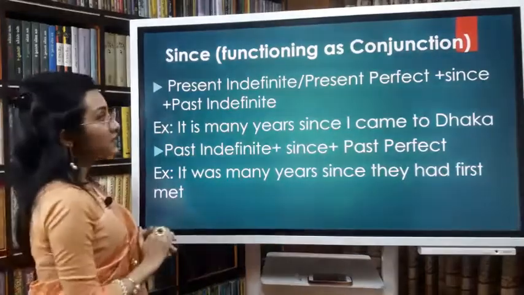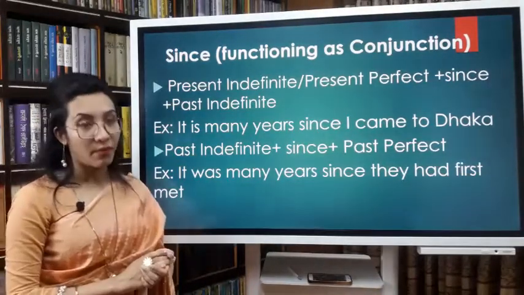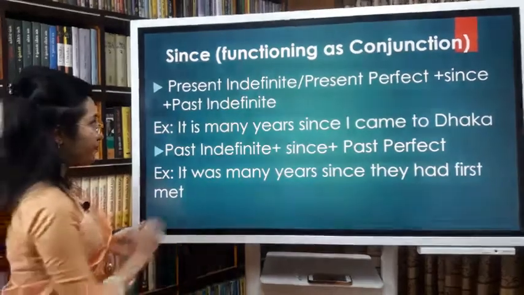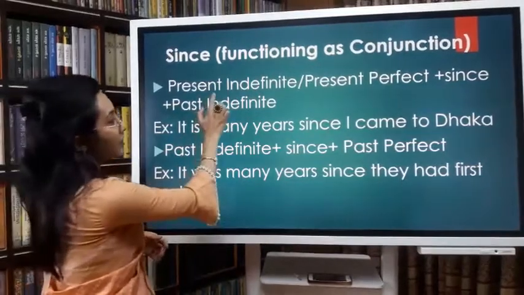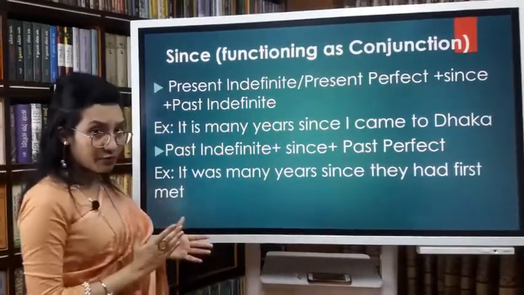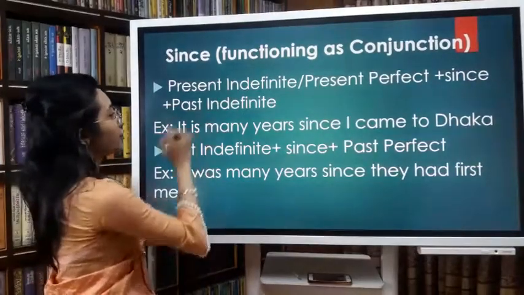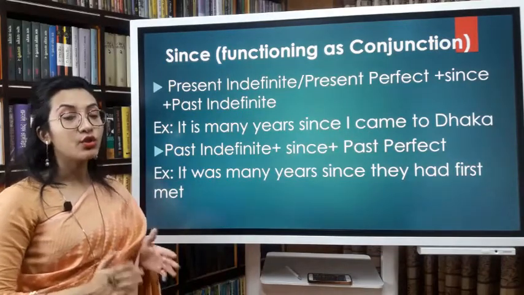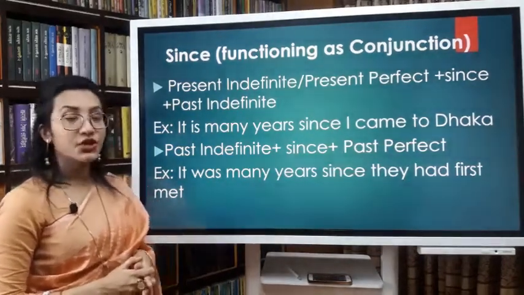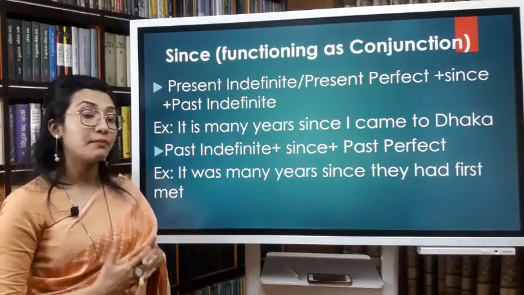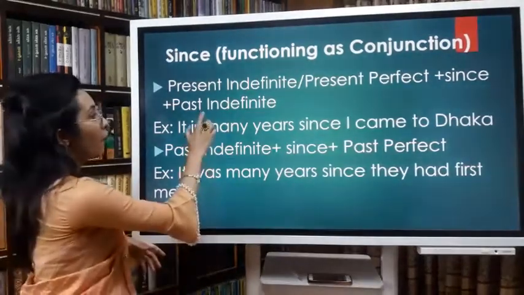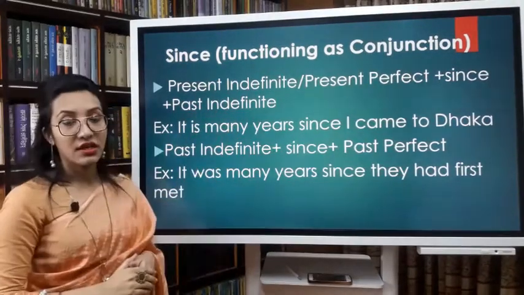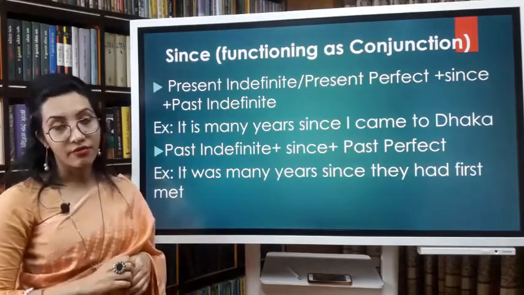যখন আমরা since কে কোনো সেন্টেন্সে conjunction হিসেবে পাবো, in this case there's a formula to use. What's that? If you have present indefinite or present perfect before since, then we are going to use past indefinite after that. Since এর আগে যদি তোমার সেন্টেন্সে প্রেজেন্ট টেন্স থাকে, সেটা হতে পারে ইনডেফিনিট, সেটা হতে পারে পারফেক্ট। সেক্ষেত্রে পরবর্তী যে পার্টটা থাকবে সেখানে আমরা ইউজ করব পাস্ট ইনডেফিনিট। দ্যাট মিনস দ্য V2 form of the verb.